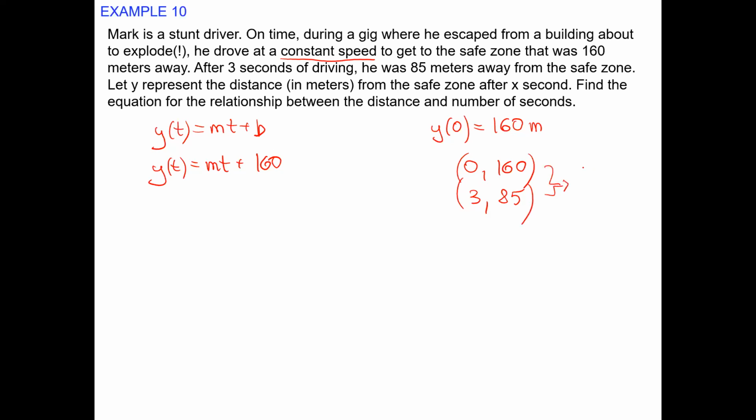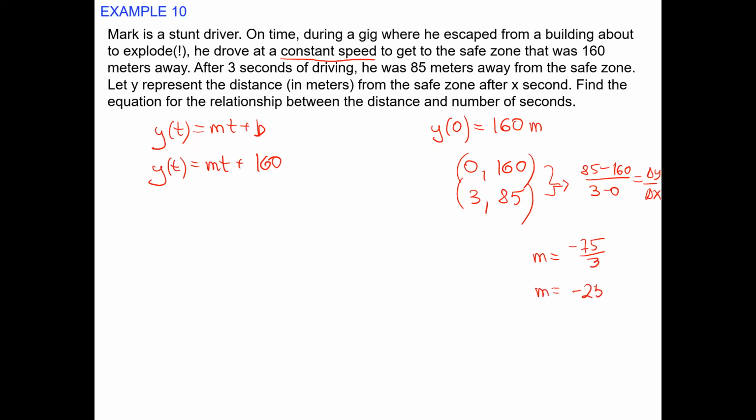It will be the difference in y's, 85 minus 160, the difference in distances, over 3 minus 0, which of course is delta y over delta x. And this is the slope. It will be negative 75 divided by 3.